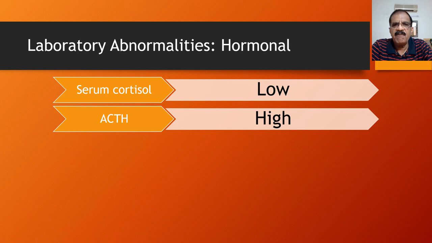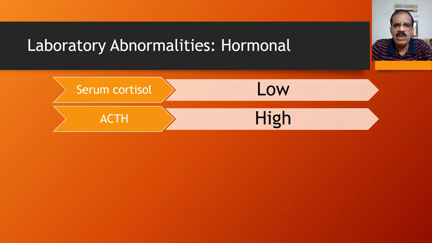In fact, the pigmentation of Addison disease is caused by ACTH, not by the deficiency of cortisol. That is why this pigmentation is only seen in primary hypoadrenalism, not in secondary hypoadrenalism. So when there is destruction of the adrenal gland, there is reduction in cortisol, and that results in a compensatory increase of ACTH. So ACTH is expected to be high.